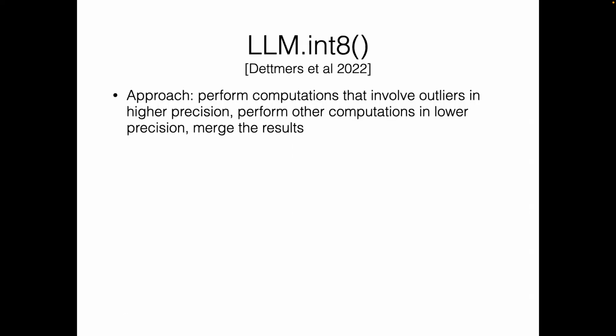So what they basically did is say, if these outliers are occurring, then maybe we can break down the matrix multiplications in the network into high precision and low precision. We can perform the computations that involve outliers in high precision and the other computations in low precision, and then merge the results.